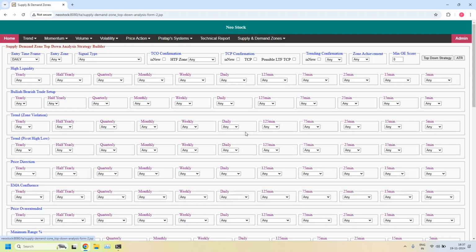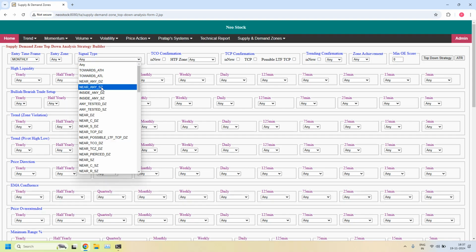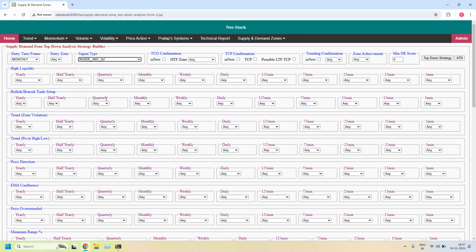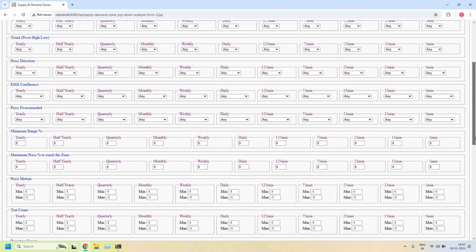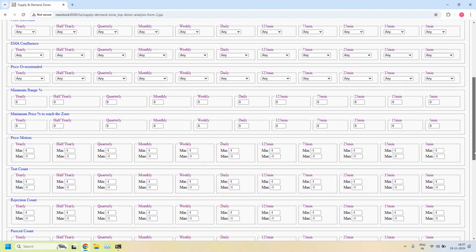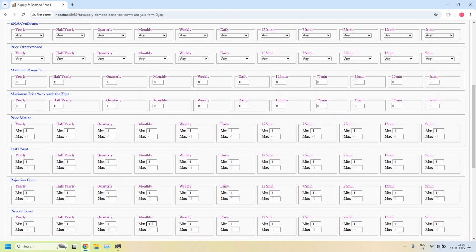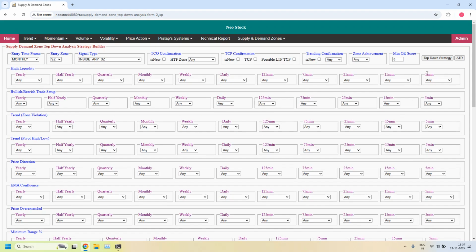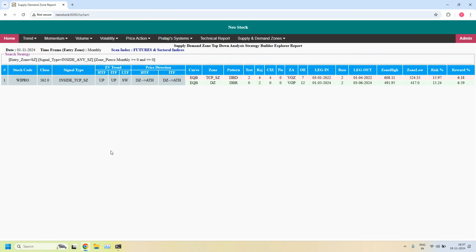Next, for monthly time frame, price closed inside the monthly supply zone, and these monthly supply zones should not be pierced. So in the pierced count, at monthly time frame, minimum value 0, maximum value 0. With these filters, we got only one stock.